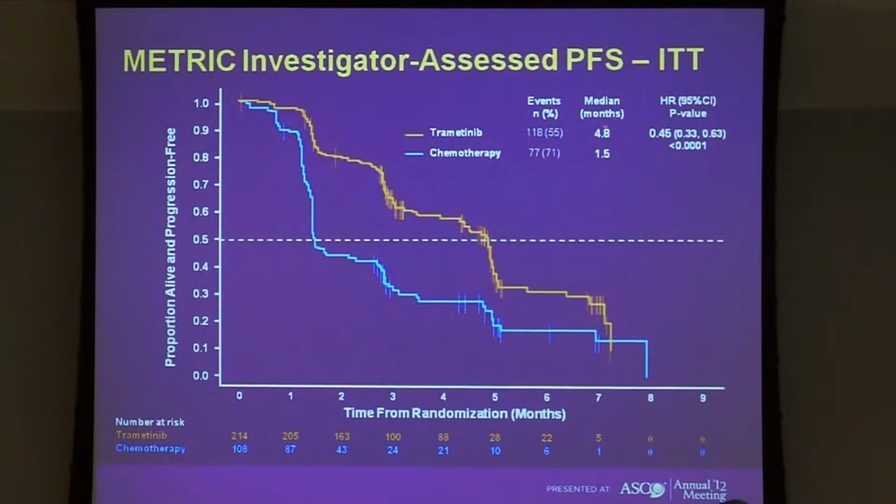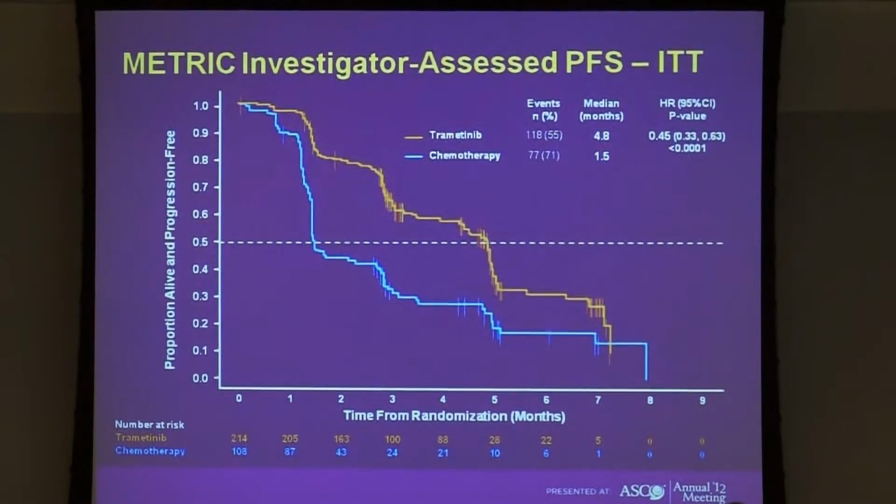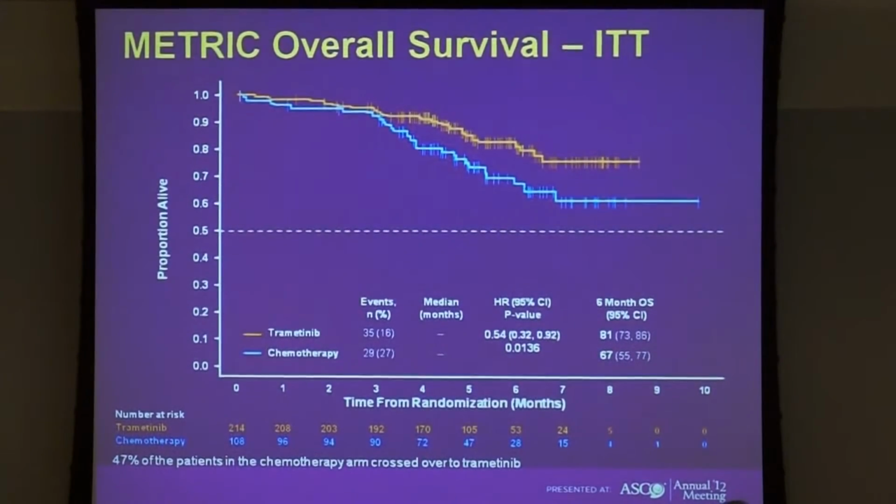The trametinib, you're out 4.5 months with disease control. The rate of improvement is a little, and the survival also was better. Again, even with the crossover, the patients who started on the chemotherapy were a little bit behind the 8 ball in terms of survival.